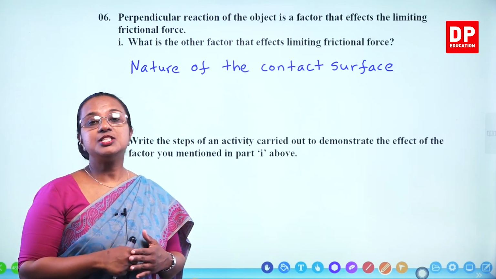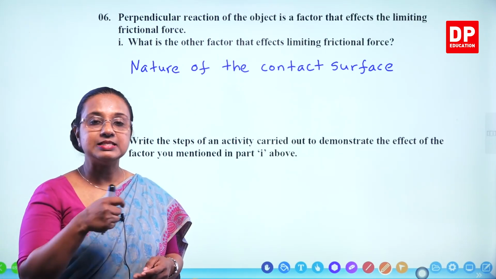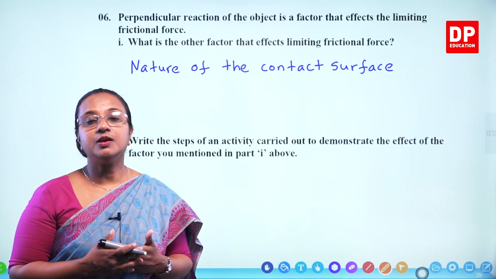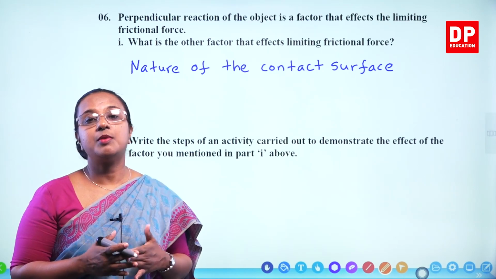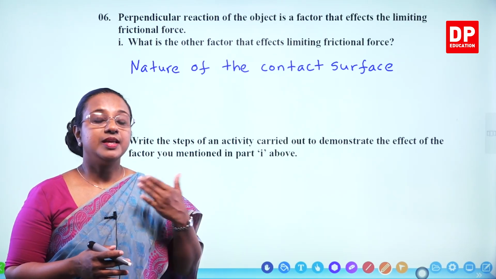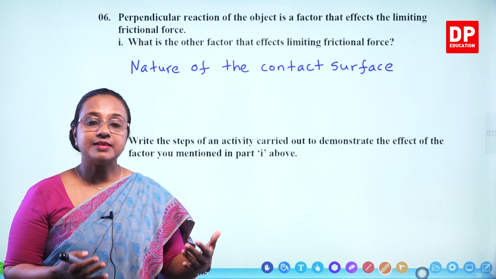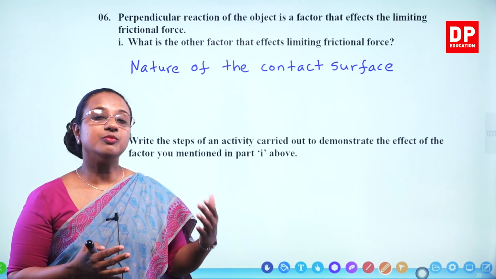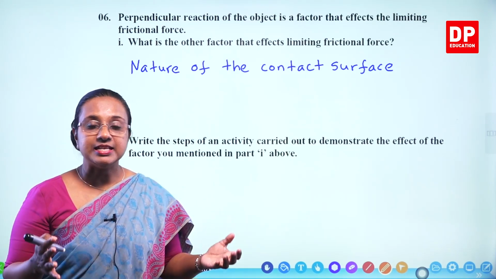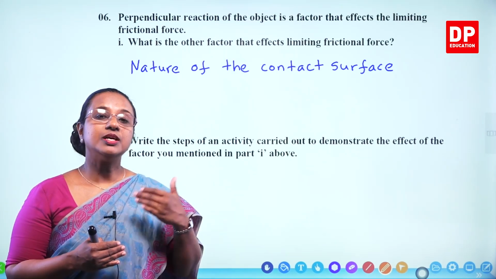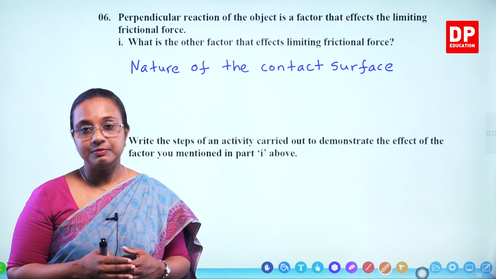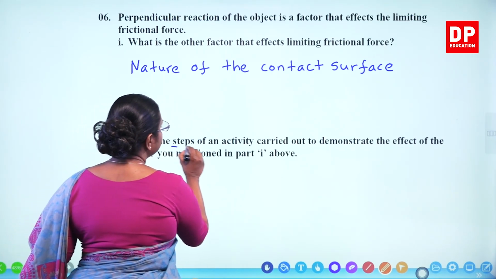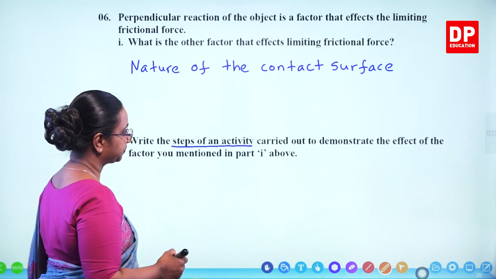Then you attach the wooden block to a Newton balance and pull it horizontally and get the reading of the balance just when the block starts to move. We repeat the activity with sandpapers of different roughness. Then you can compare the values and demonstrate how the roughness affects the limiting frictional force. So here we need to write the steps of an activity.